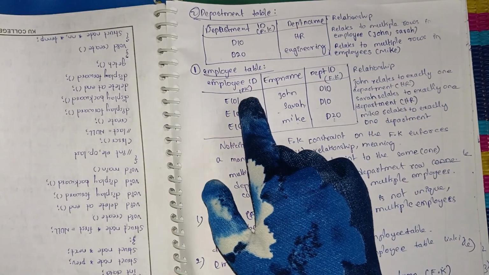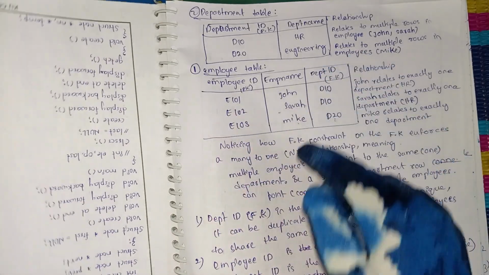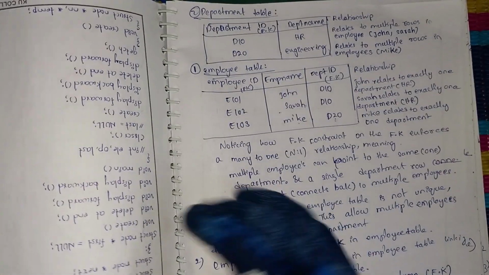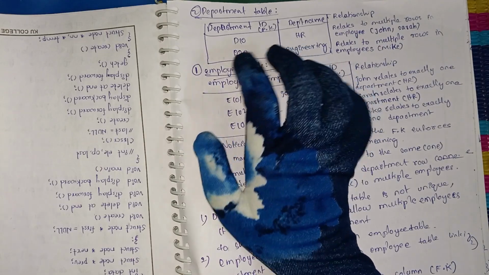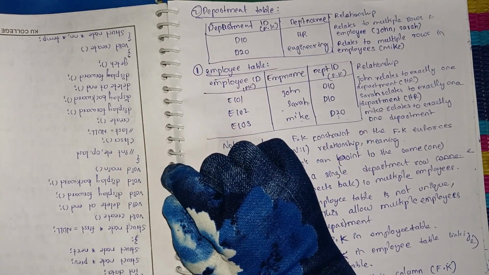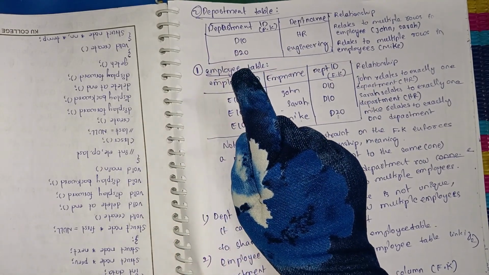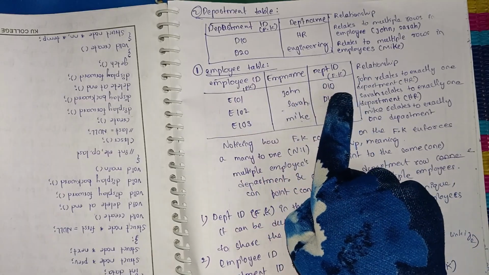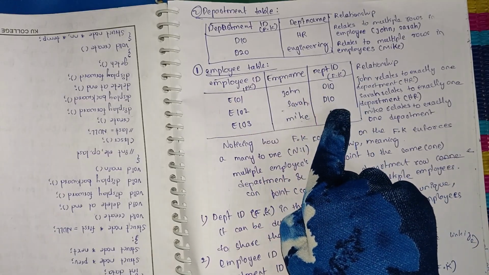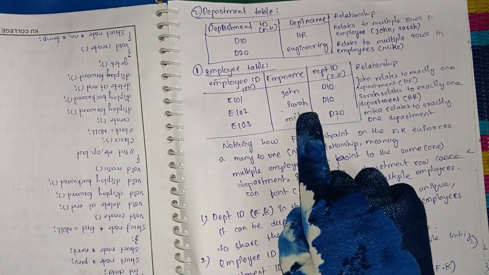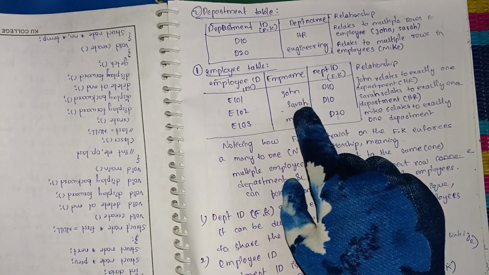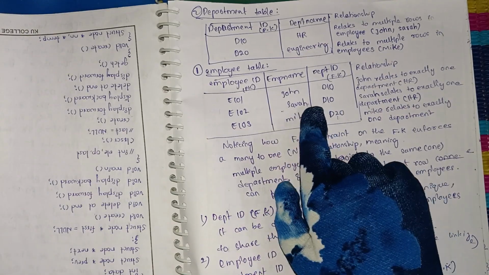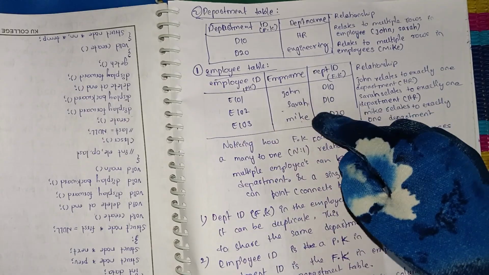How are they related? I have taken this example from a many to one relationship. John and Sarah, two employees, belong to only one department, which is D10.